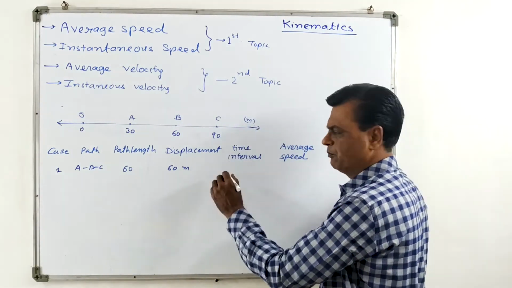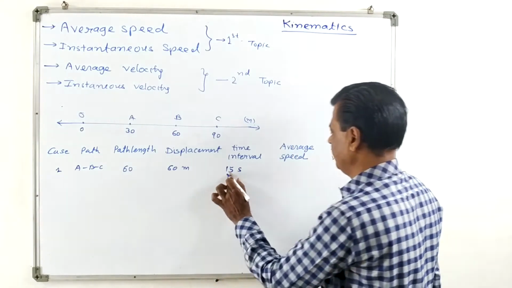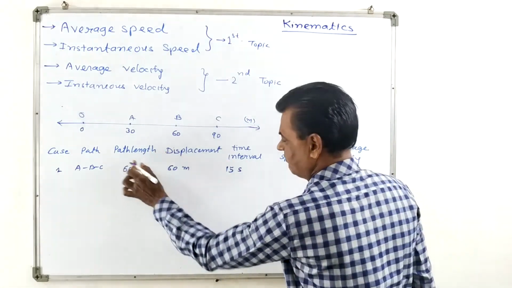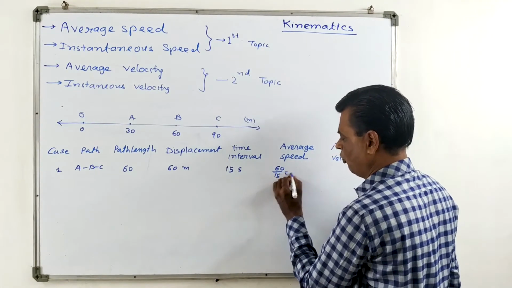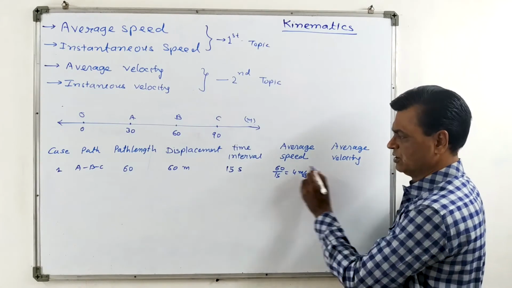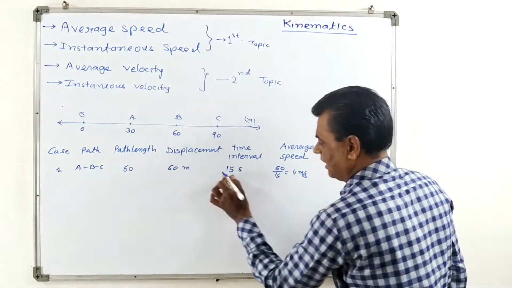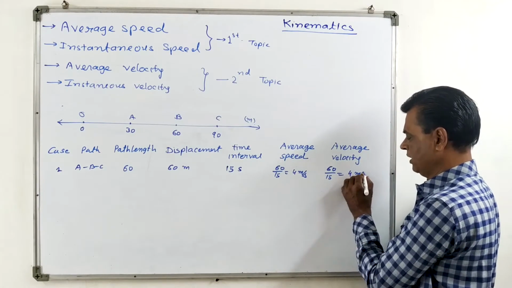Suppose the time taken for this journey is 15 seconds. Average speed means path length divided by interval, so 60 divided by 15, that is 4 meters per second. And average velocity is displacement divided by time taken, 60 divided by 15, also 4 meters per second.